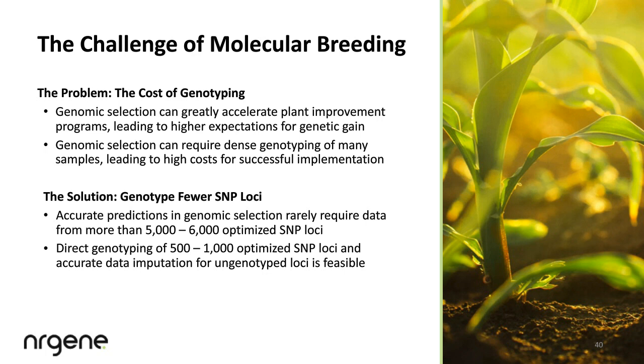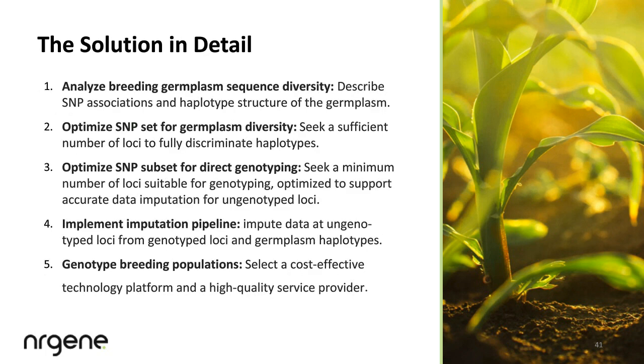So the way this works in detail follows a couple of different steps. The first thing that you have to understand is the linkage disequilibrium that exists in your breeding germplasm amongst the SNP loci. And the fastest way to get to that today is by doing some sequencing in your breeding germplasm and analysis of that sequence data to determine the linkage disequilibrium and the haplotype structure of the germplasm.